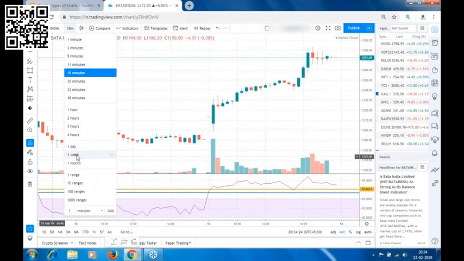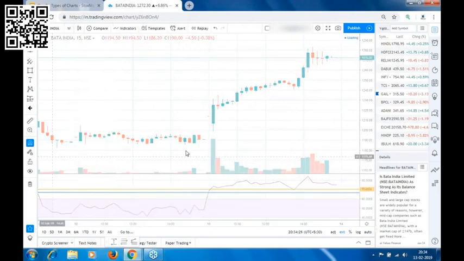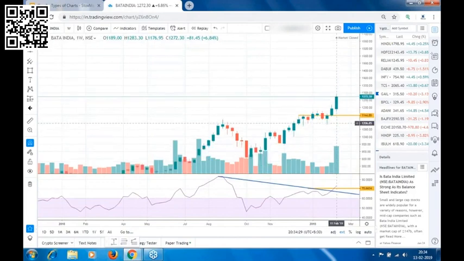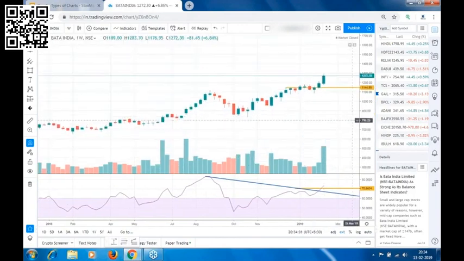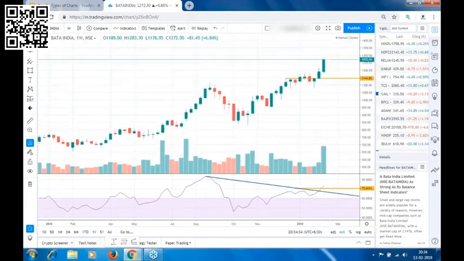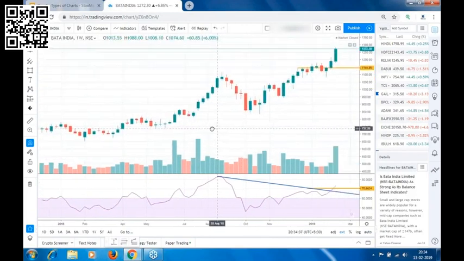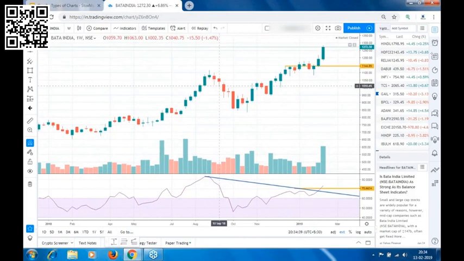You can also check these candlestick patterns on weekly time frames as well. See again, you can see a shooting star kind of a pattern, and then you can see a fall in the market.